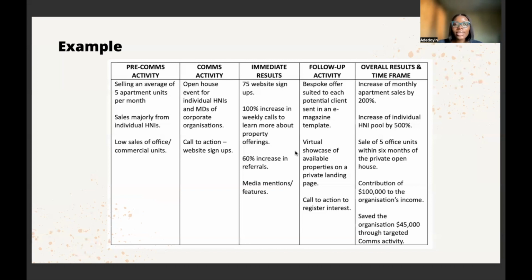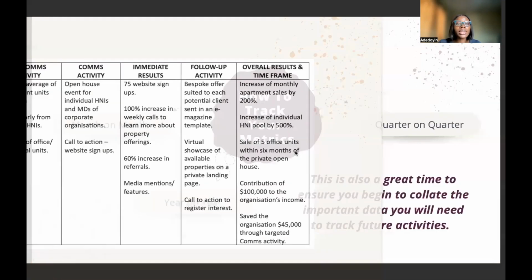That's the best thing that I can say for that kind of scenario, where you may not be able to specifically say we contributed 200% or 500% because you were not tracking. But going forward, make sure that you are tracking, make sure that you are getting baseline figures, and very importantly, make sure that you are communicating your results in the context of what your organization wants to achieve and what's important to your directors, to the board, to your senior leaders.